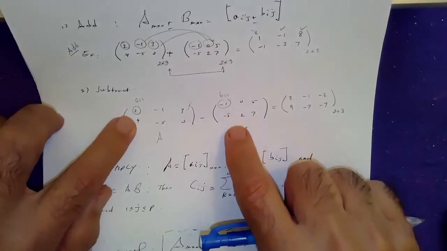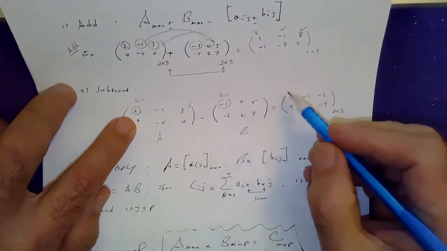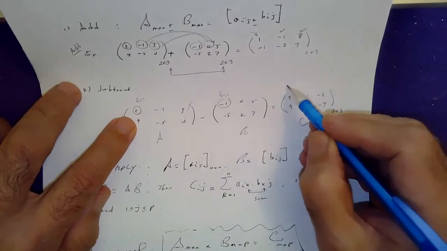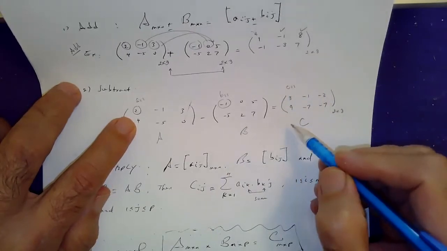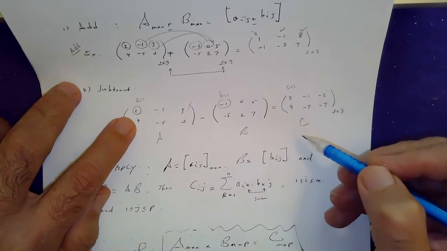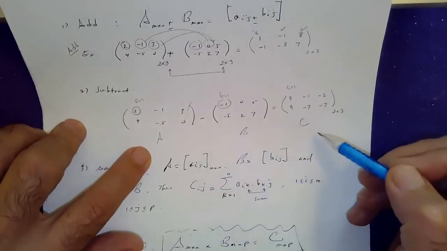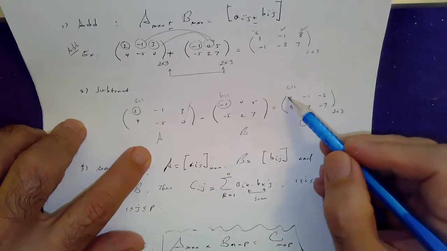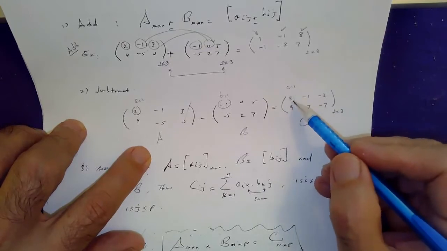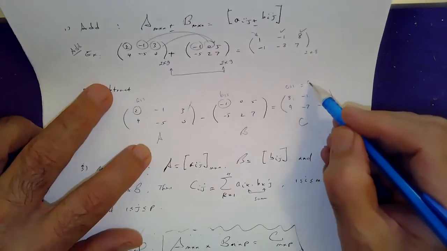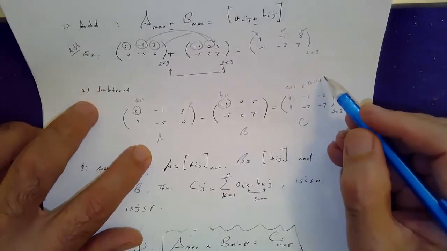Let's say the answer is C. The element in the first position of the result is C11. So what is C11 equal to? It has to be A11, minus B11.